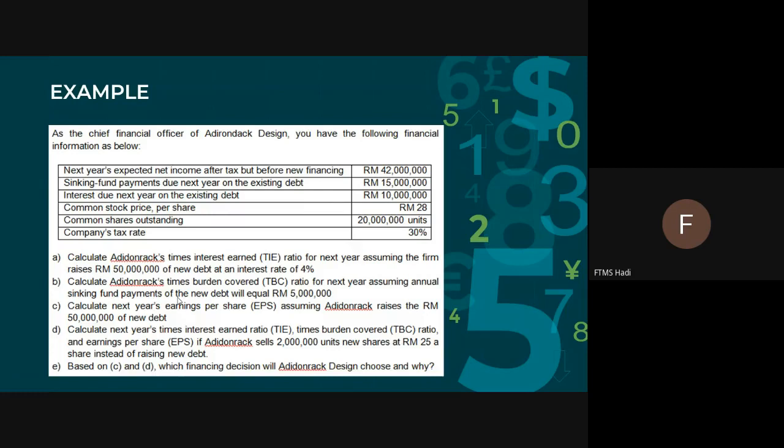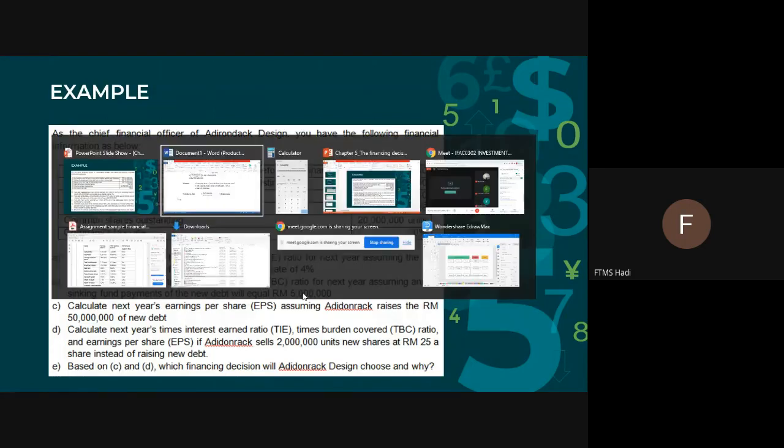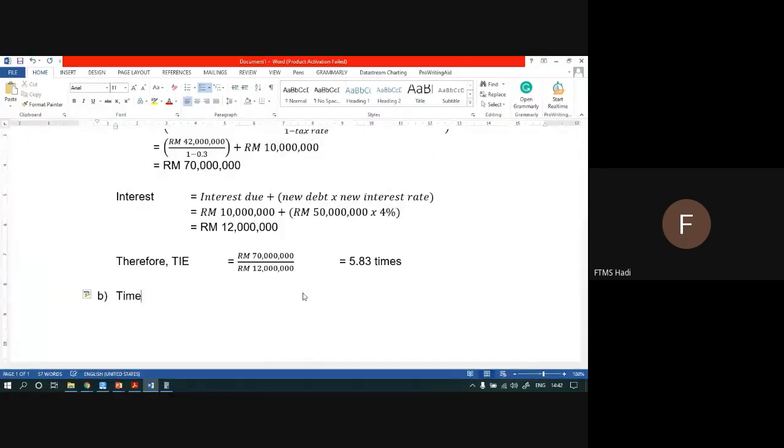How much they need to pay extra next year, if the sinking fund of new debt is 5 million. So the old one is 15 million, the new one is 5 million. So they need to see how much times burden cover, which is TBC.